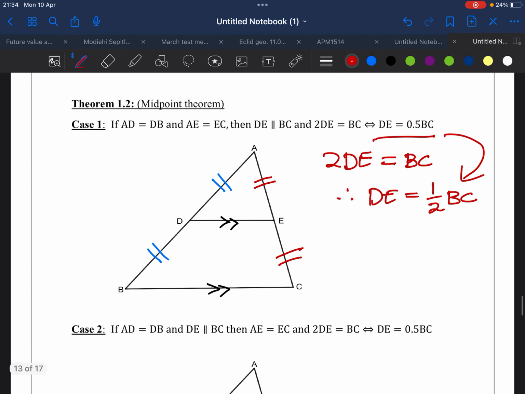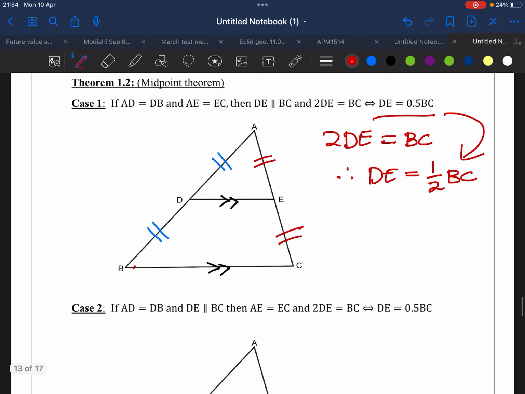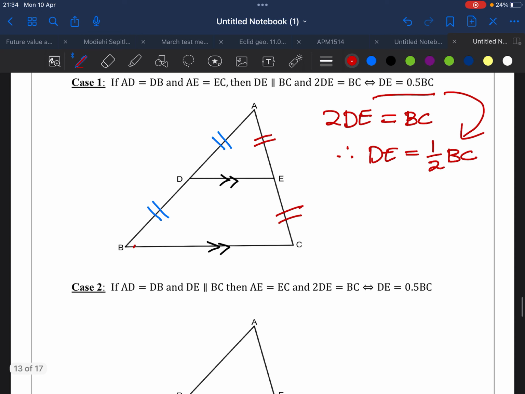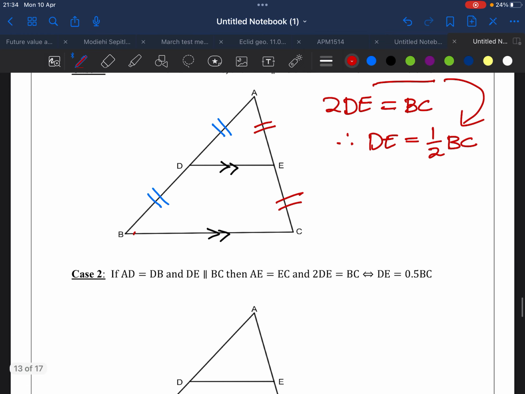So DE is equal to half BC. That means BC is twice DE and DE is half of BC there. Please appreciate this theorem. The proof of this theorem exists, but we won't prove it now. It is out of the scope of this context, so we can just appreciate the theorem as is.